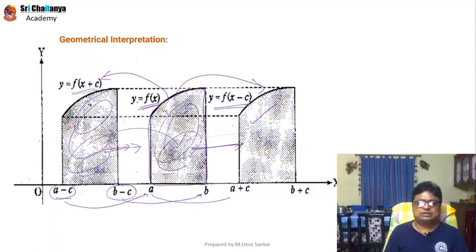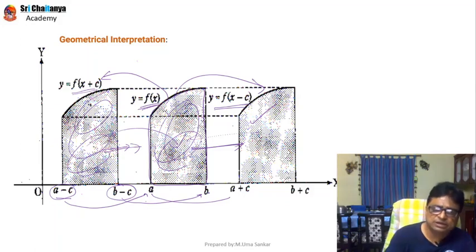You imagine. If you know tan inverse x, how to draw tan inverse of x minus 1, how to draw tan inverse of x plus 1. The shape of the curve is fixed and everything is the same, only the values of a and b change. Accordingly, the corresponding values will change, but the area won't change. We have to understand that with the help of these geometrical interpretations.